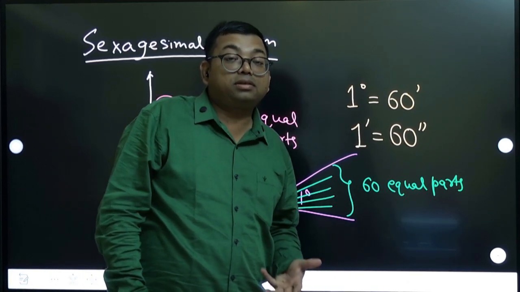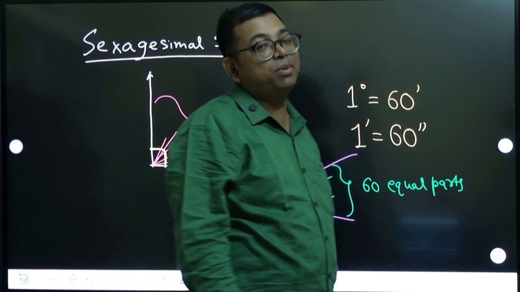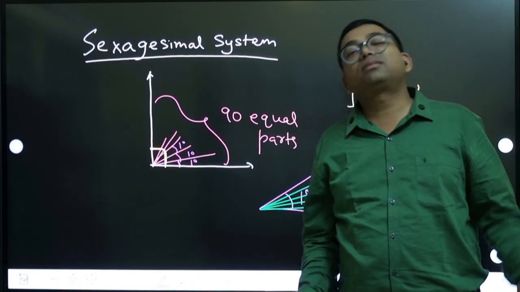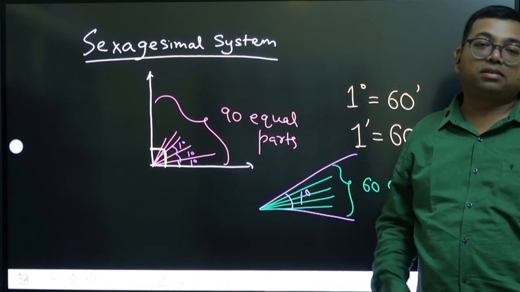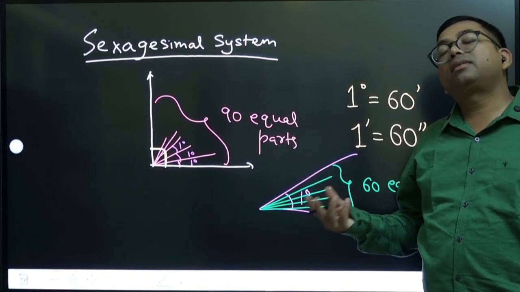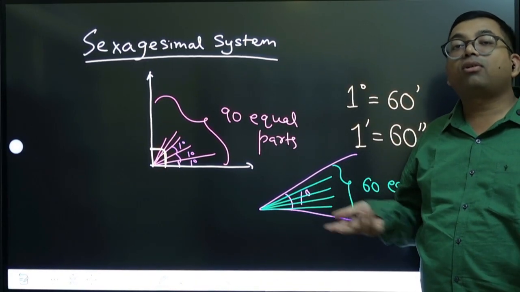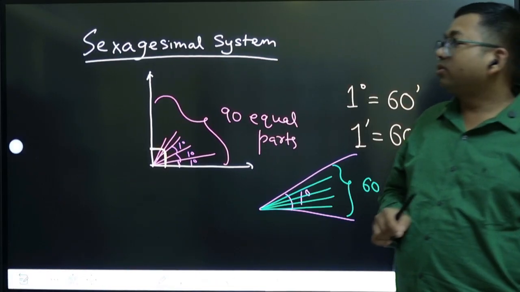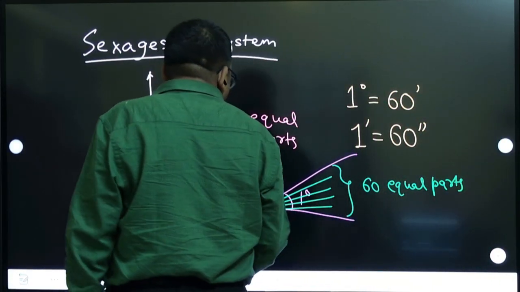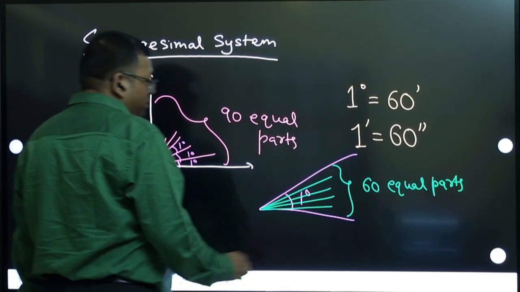Is this minute the same as the minute of time? No, it has nothing to do with time. Whatever came to their mind, they did it. They thought of minute and second like the clock. So each equal division here can be called 1 minute.